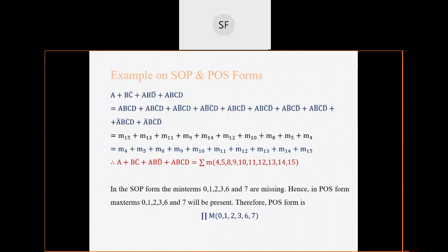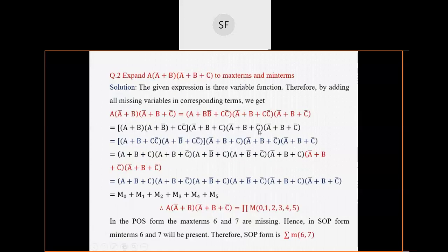Okay, so similarly you have to go through one more example. We'll take a couple more minutes and then we will conclude our discussion. So here the question is, now observe the question: expand A into (A bar plus B)(A bar plus B plus C bar) to max terms and min terms.